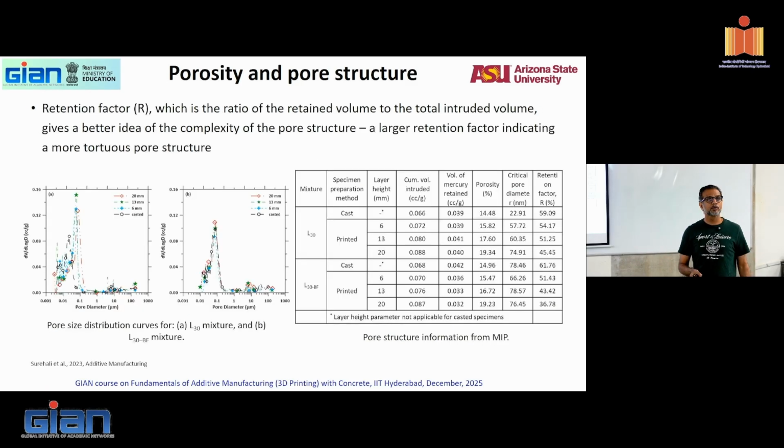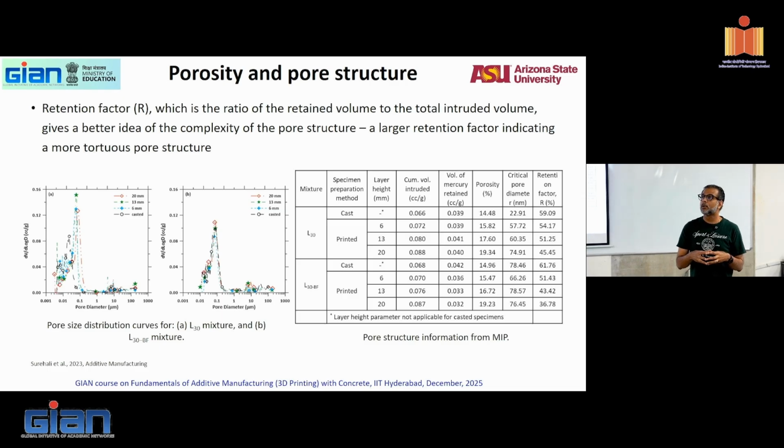You can also use, all of you know mercury intrusion porosimetry, MIP. Have you heard of this? It's a technique where you introduce mercury under pressure into the sample. Now, mercury is what we call a non-wetting liquid.